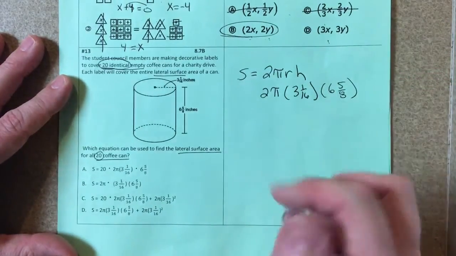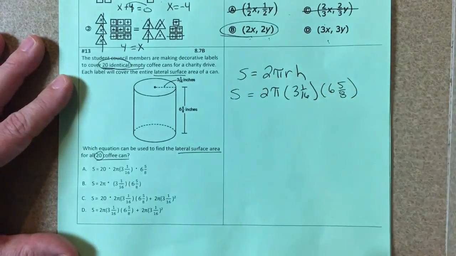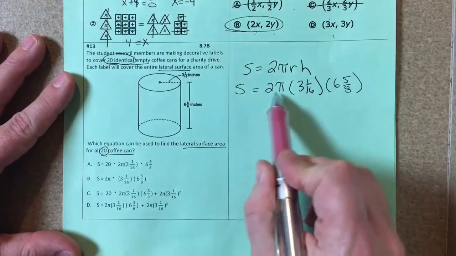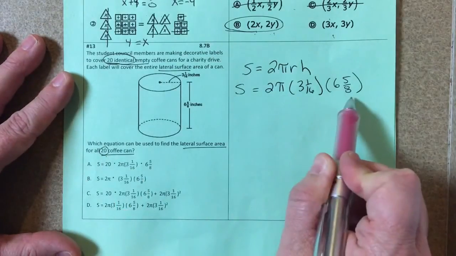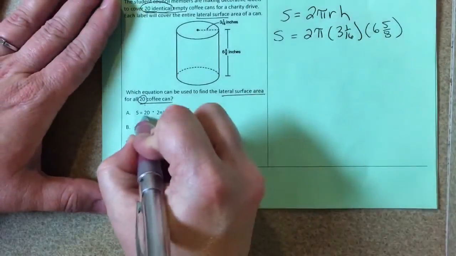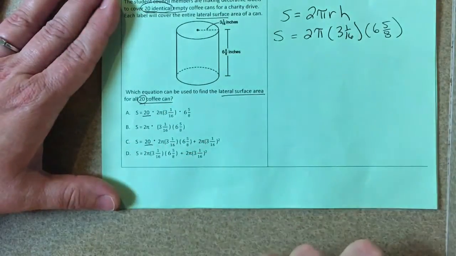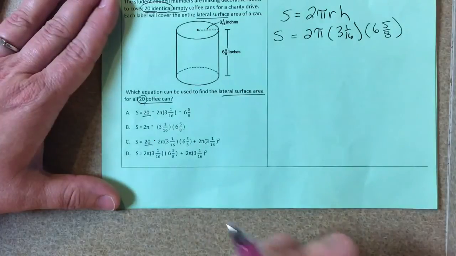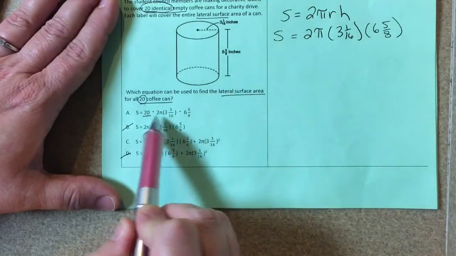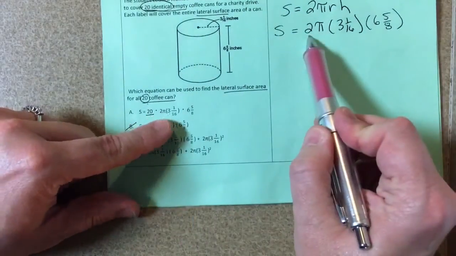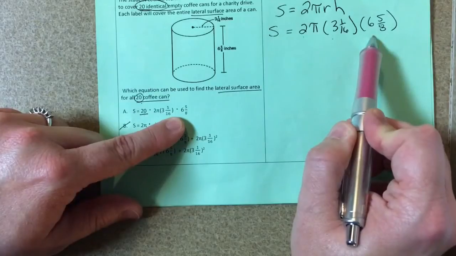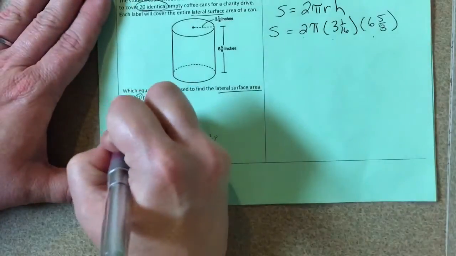So this is going to find me the surface area for 1 can. But my question is for 20 cans. So each of these formulas have to be multiplied by 20. Well, A has 20, C has 20, B and D do not. So A has 20 times 2 pi times the 3 and 1/16 times the 6 and 5/8. So that's going to match up.